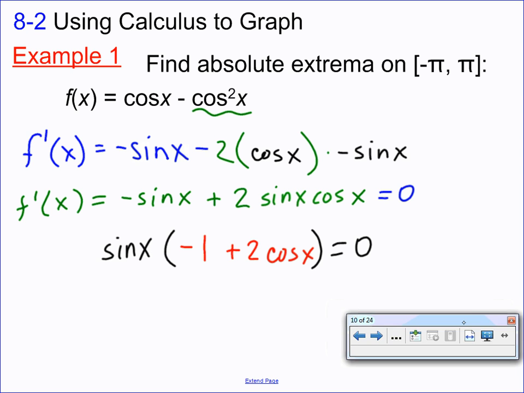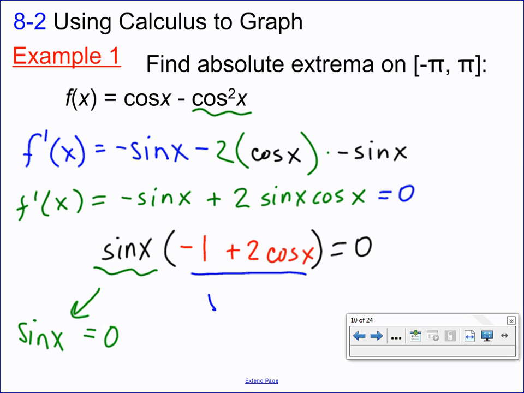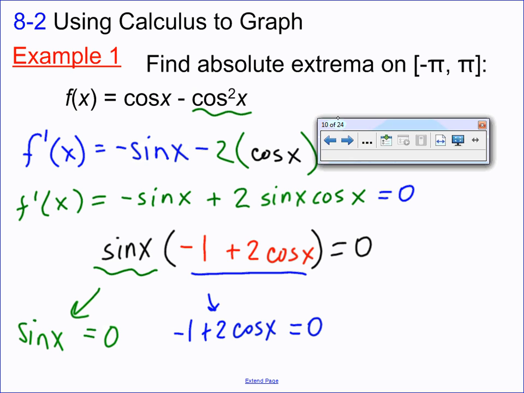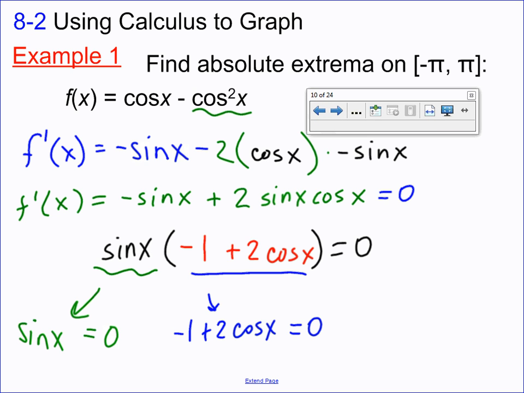And I can solve the fully factored equation set equal to 0 by utilizing the zero product property. We'll set each individual factor equal to 0 and solve separately. So my first situation would result from sine of x equaling 0. I'll consider when that happens on my specified interval in just a minute. My second situation would result from negative 1 plus 2 cosine of x equaling 0 on that specified interval. So let's see if we can generate any critical values here.